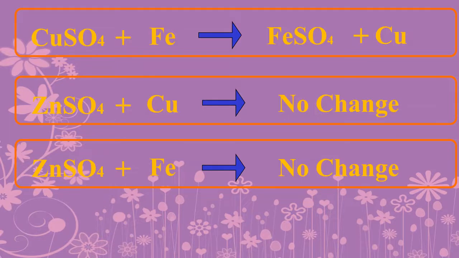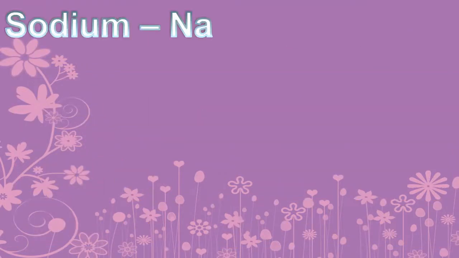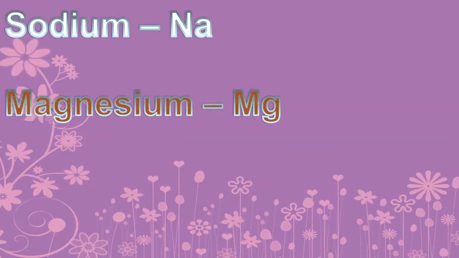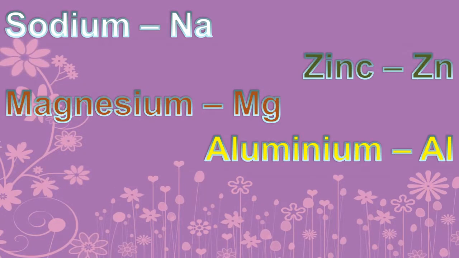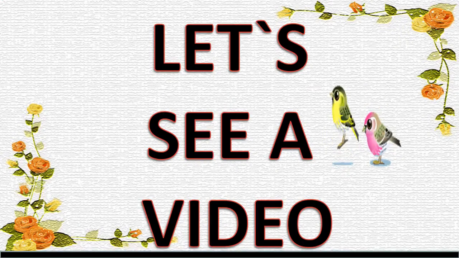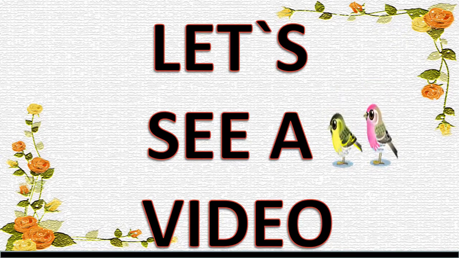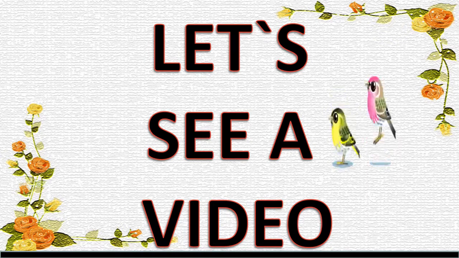That's why there is no change in this reaction. Similarly, copper is less reactive than iron. Now, can you guess the sequence of various metals according to their reactivity? Let's see a video for better understanding of this concept.